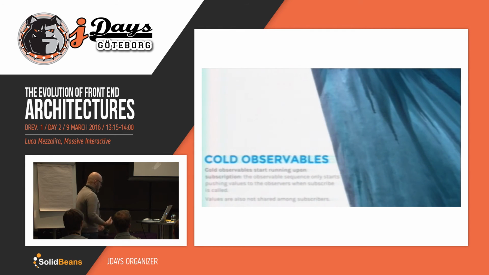Regarding cold observables, we said before that behind the scenes we have the observer pattern. So let's think about that. We have an observable that is composed of a stream. It could be cold, and in this case, it means that when the first observer subscribes to the observable, it starts to share the data inside the stream with the observer.